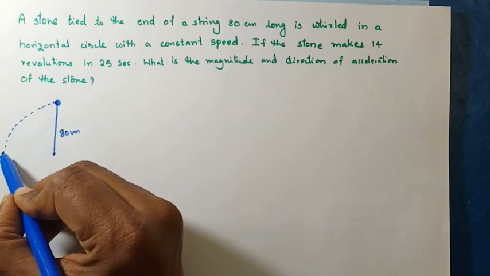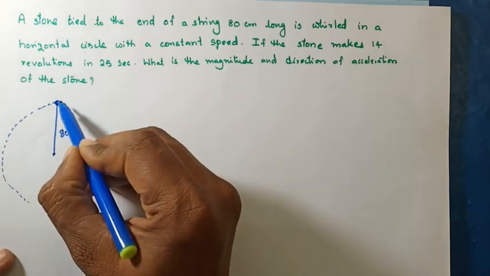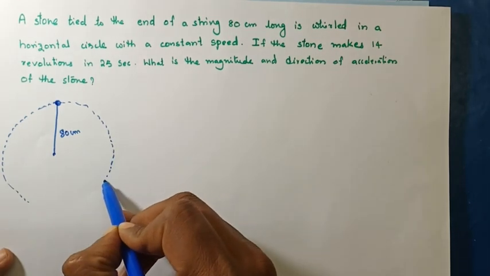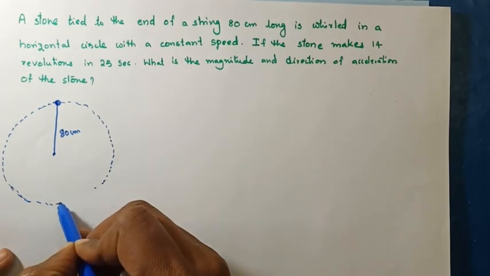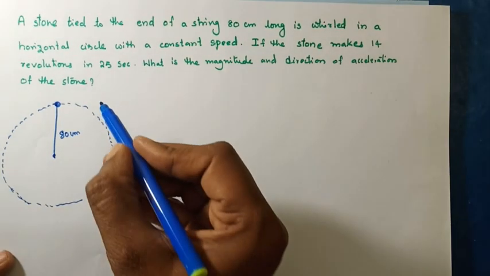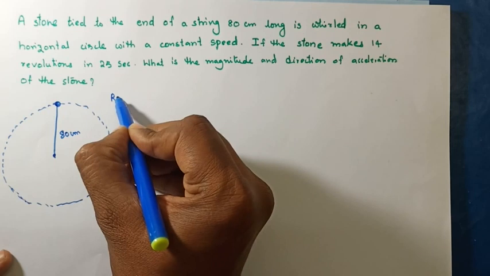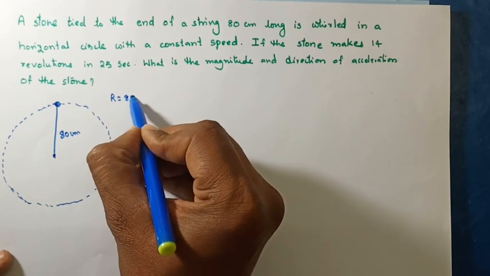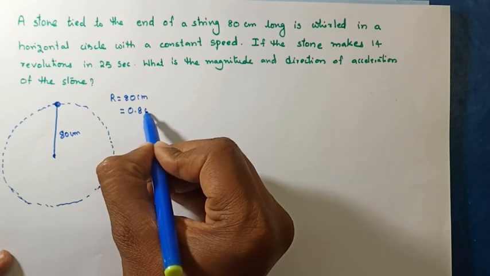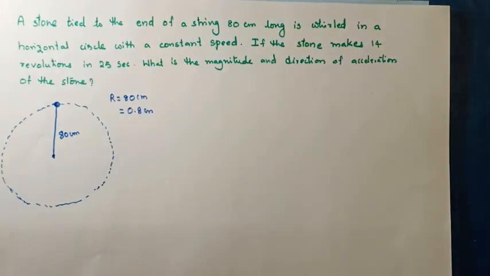This is horizontal. Okay, everywhere the radius. Now the radius is 80 centimeter, or you write simply 0.8 meter.